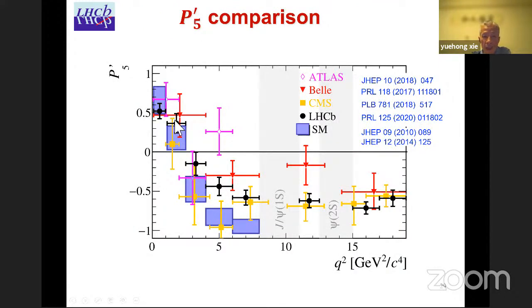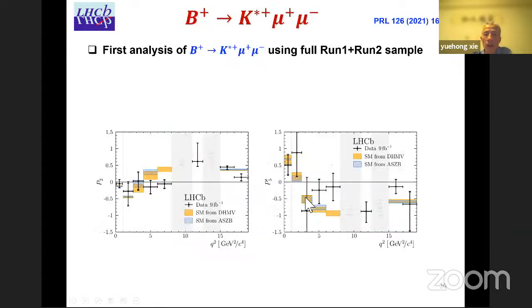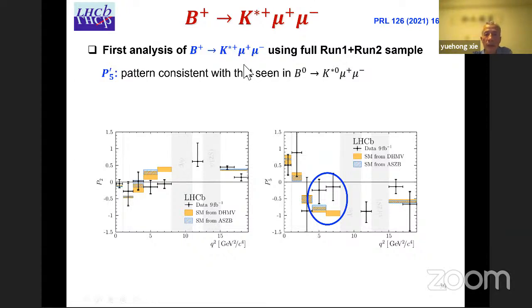Here I compare the LHCb results shown in black with results from other experiments, including ATLAS, CMS and the B factories. Apparently, LHCb has the highest precision. We also do angular analysis of other B decays, such as B plus to K star plus mu mu.